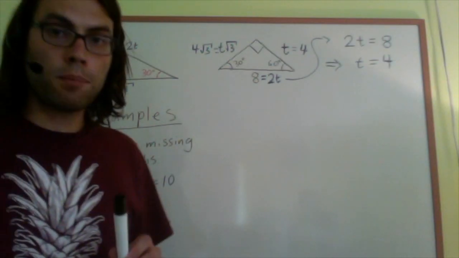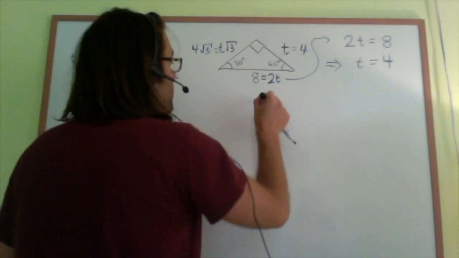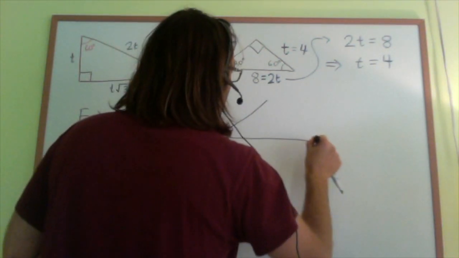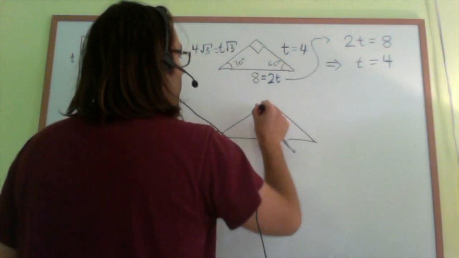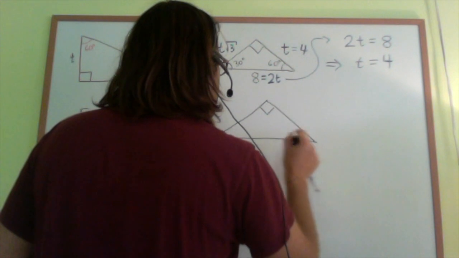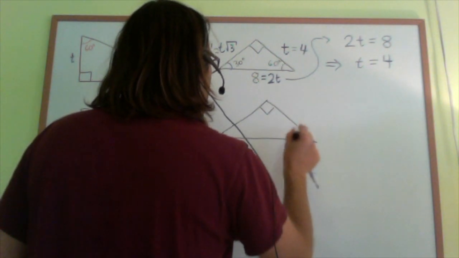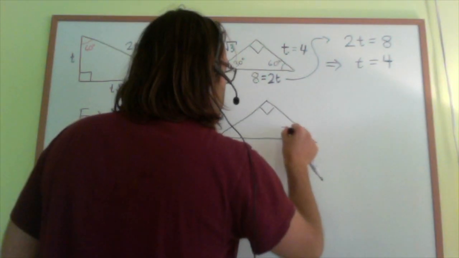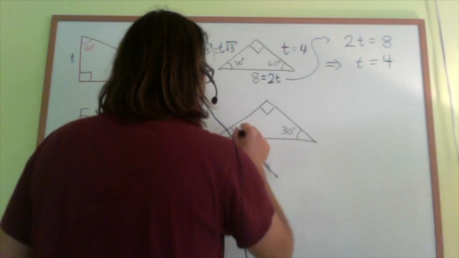Another example, let's say we have another 30, 60, 90 special right triangle. Let's see, this looks, I don't know, more like 30, still not to scale. And then we'll say this is 60.